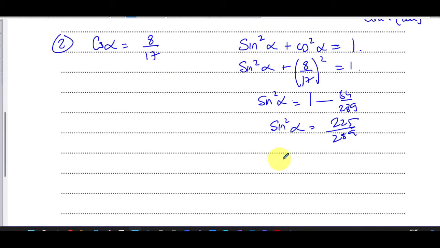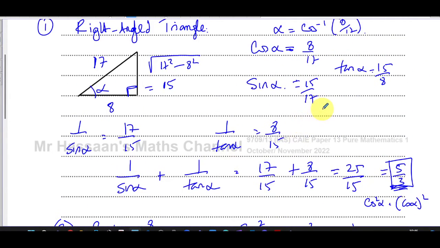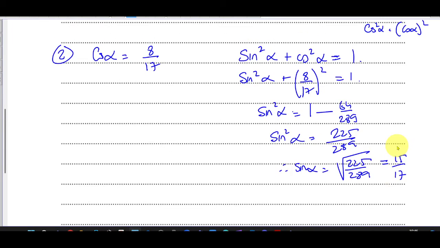What we can say is that sine of alpha, therefore, is going to be the square root of this, which is 15 over 17. So we get the same value for sine of alpha.